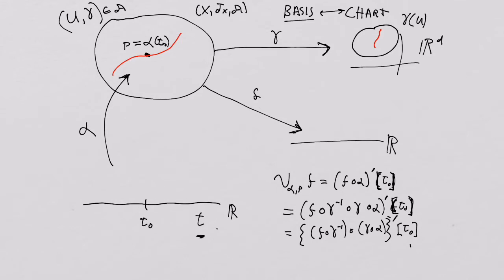And if I use that chain rule, I end up with partial derivative with respect to the ith element of the list of arguments operating on f gamma inverse, and that is evaluated at gamma alpha evaluated at t0, right?